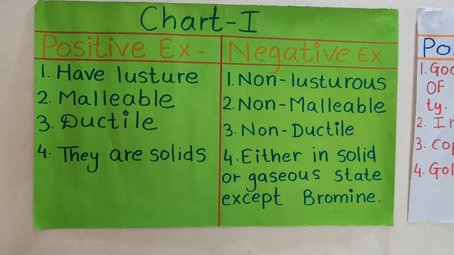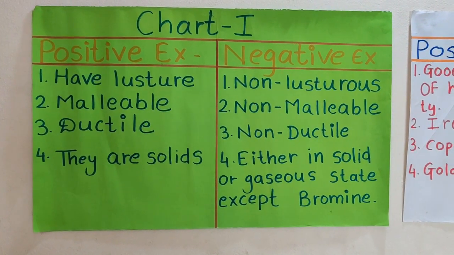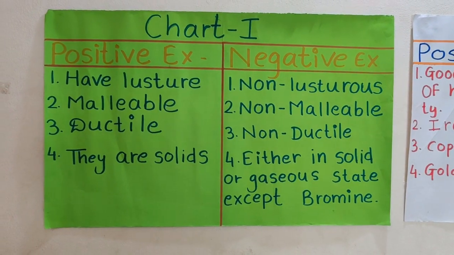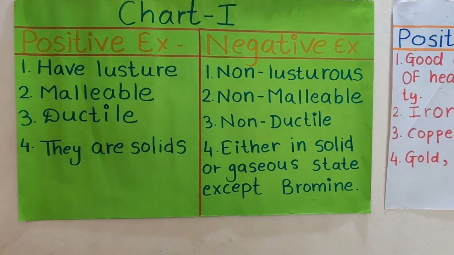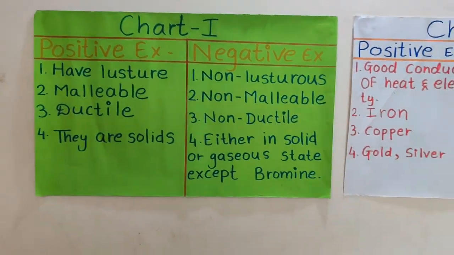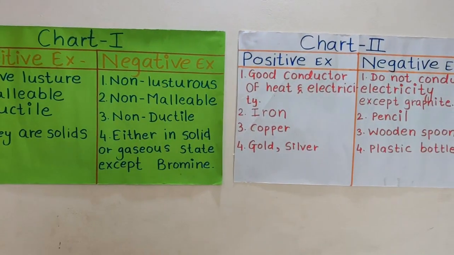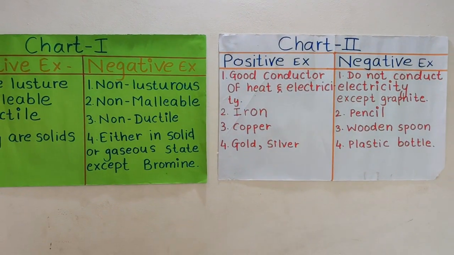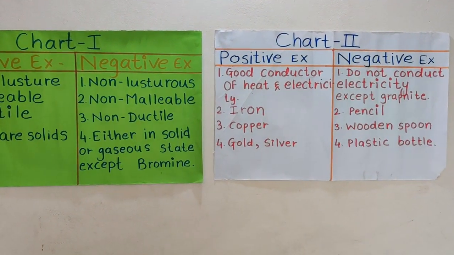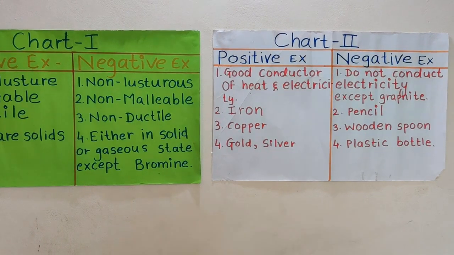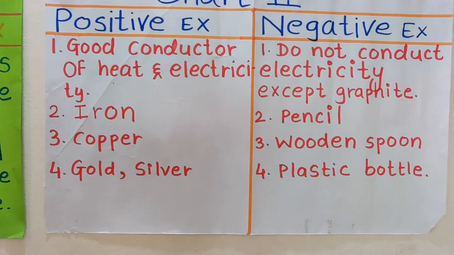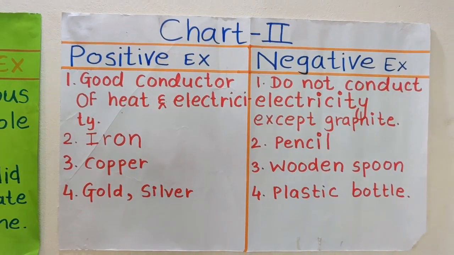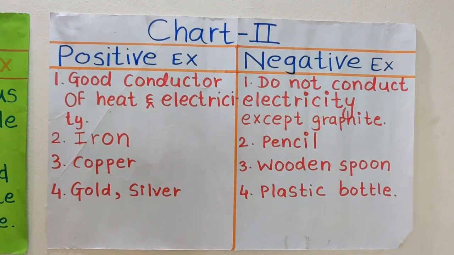After that, tell me how did you compare these both sets? After observing the first chart of properties and the second set, there is an example of iron, copper, gold, silver, and they are good conductors of electricity. So we imagine a concept about metals because metals have luster and they are malleable also.